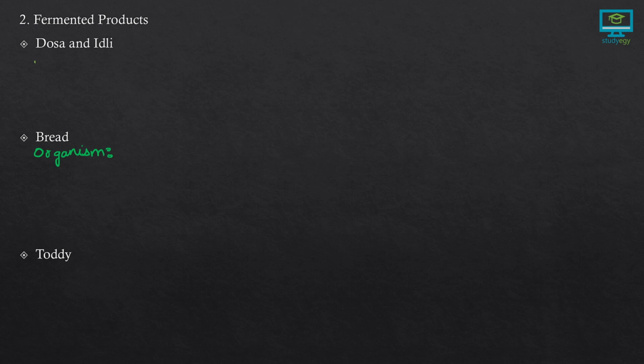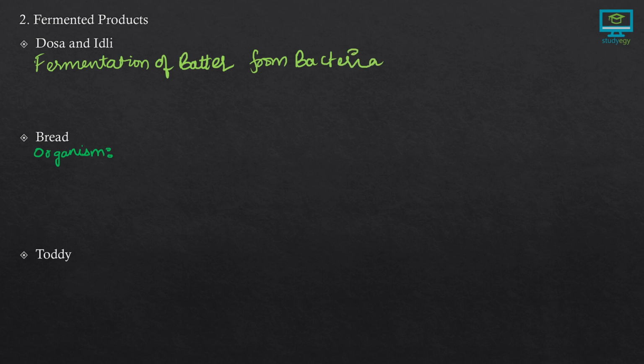So there is fermentation of the batter by bacteria. During cooking, CO2 is released, which gives it a fluffy or puffy appearance.